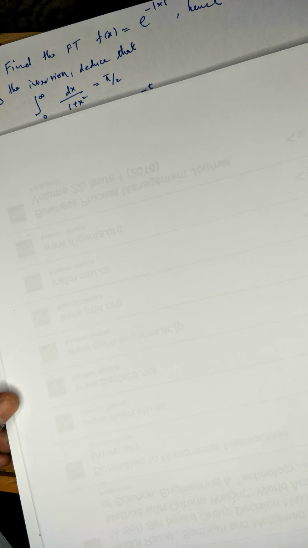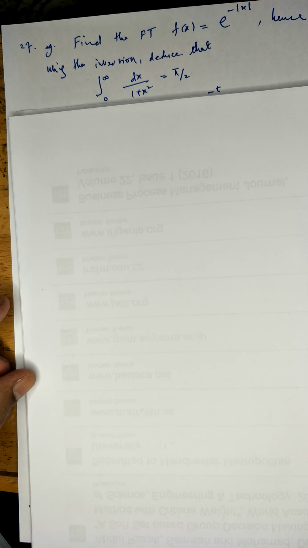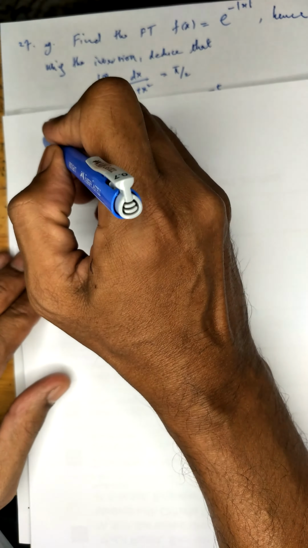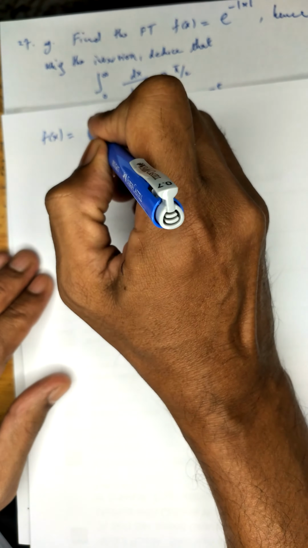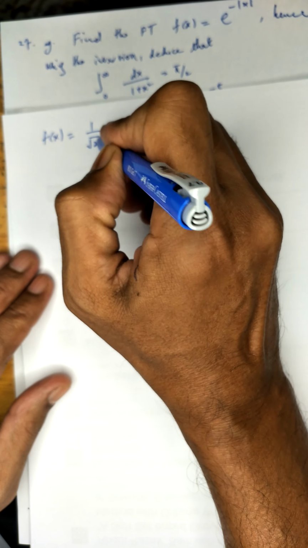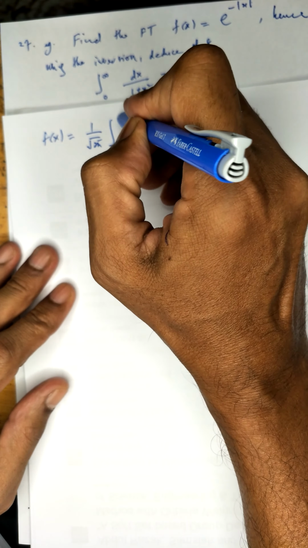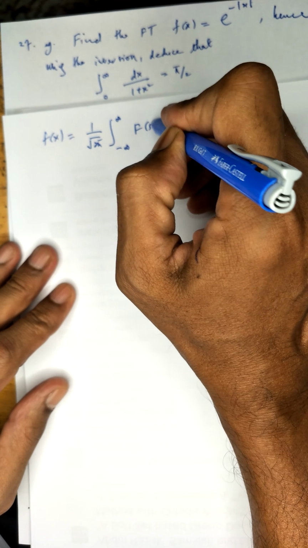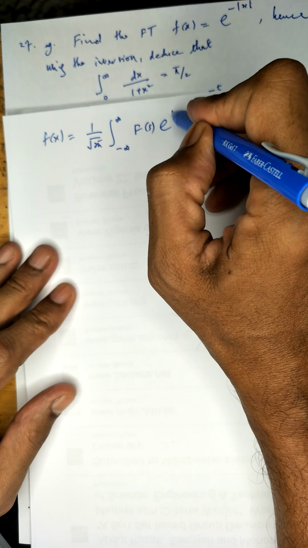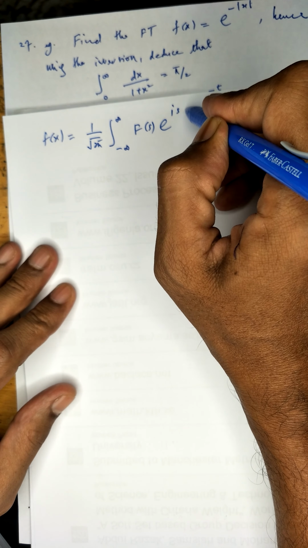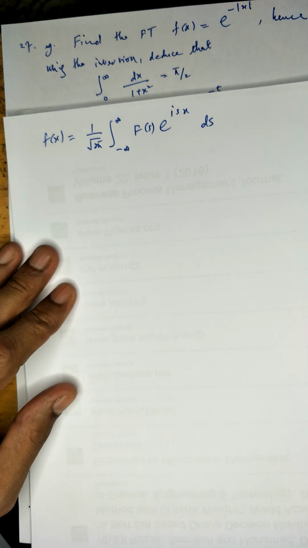Now, for the inverse Fourier transform, we have f(x) is 1 over square root 2 pi, the integral from minus infinity to infinity of F(s) e to the i s x ds.